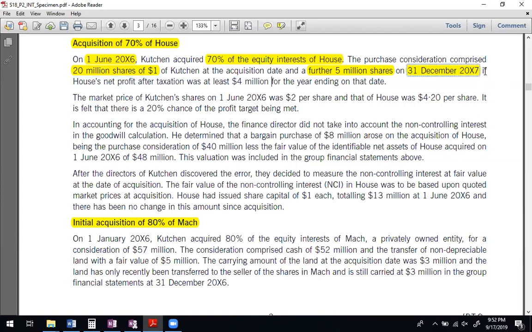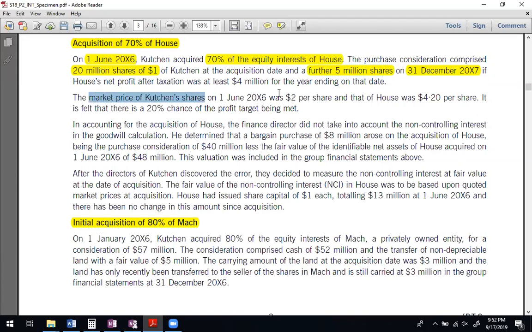So this means there is a condition applied onto this, which means this has become a contingent consideration which is to be paid in the form of shares. So in this we have a simple share exchange, share consideration, and a contingent consideration.